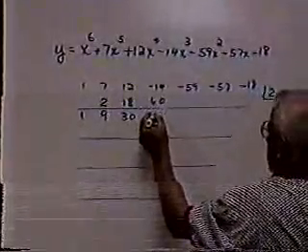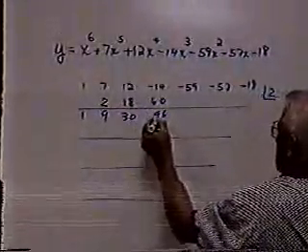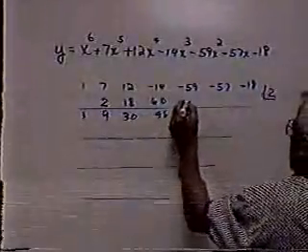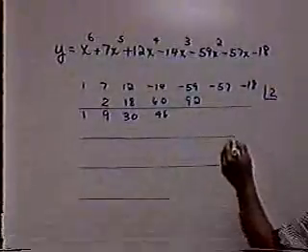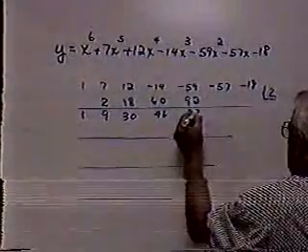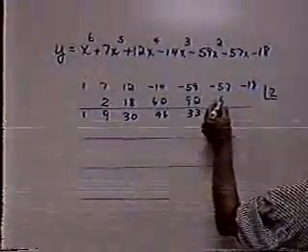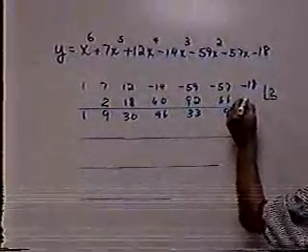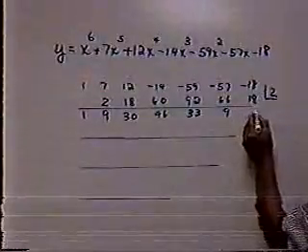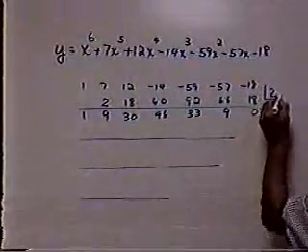Add is 46. 2 times 46 is 92. Add is 33. 2 times 33 is 66. Add is 9. 2 times 9 is 18. And if this comes out to be 0, that is a correct answer.